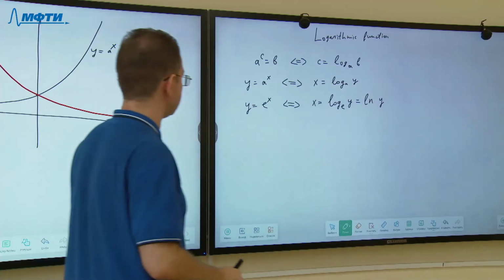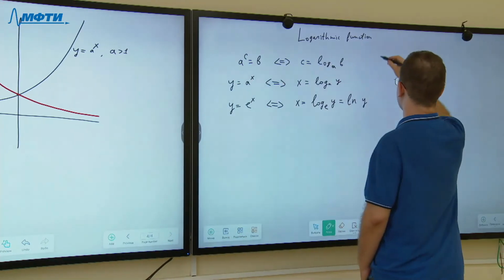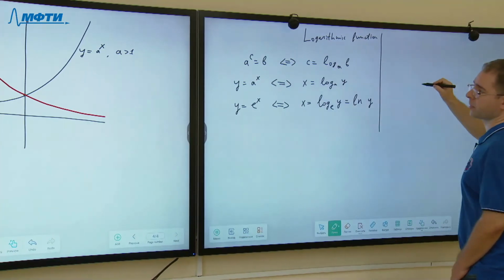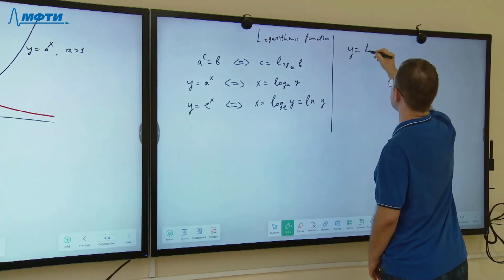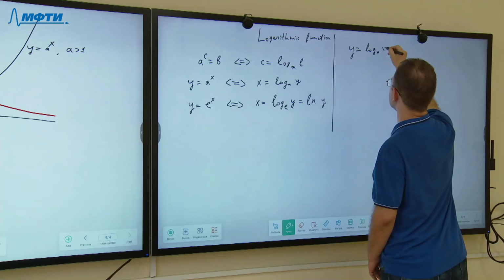Now the function itself. y equals log base a of x.